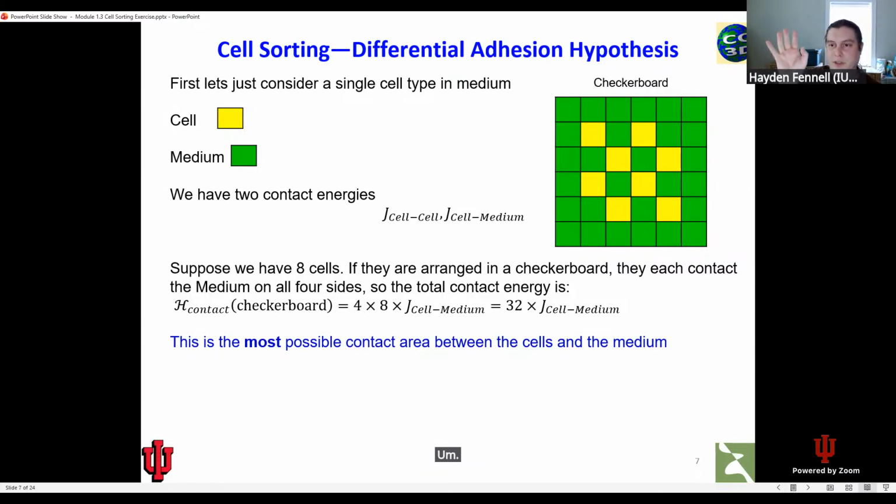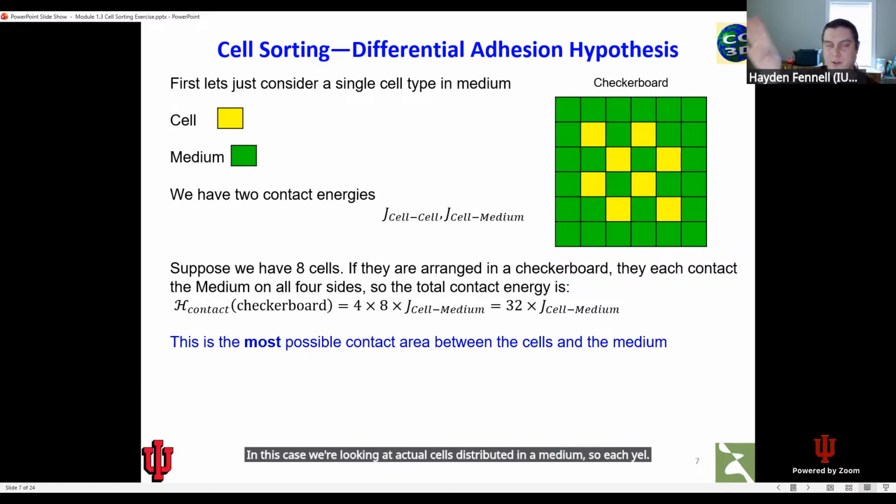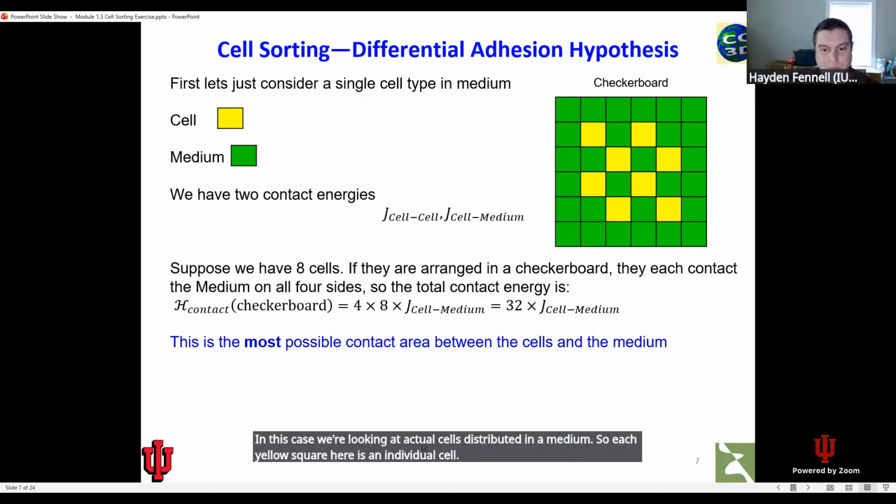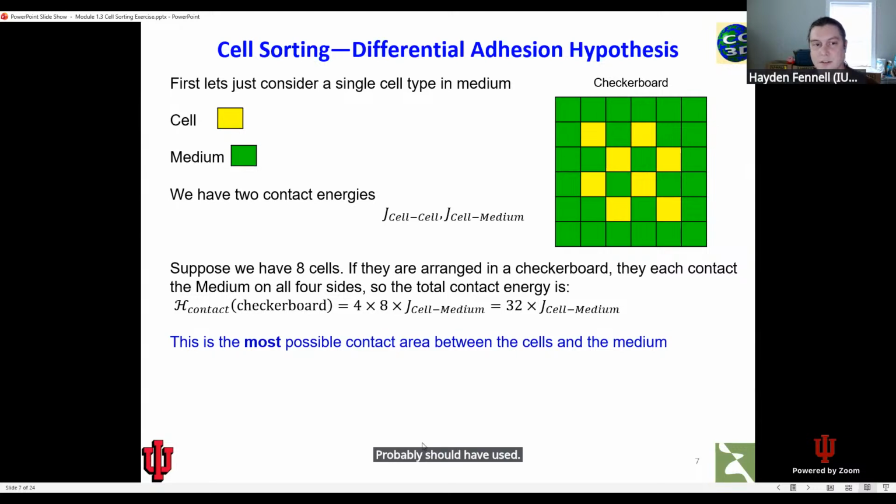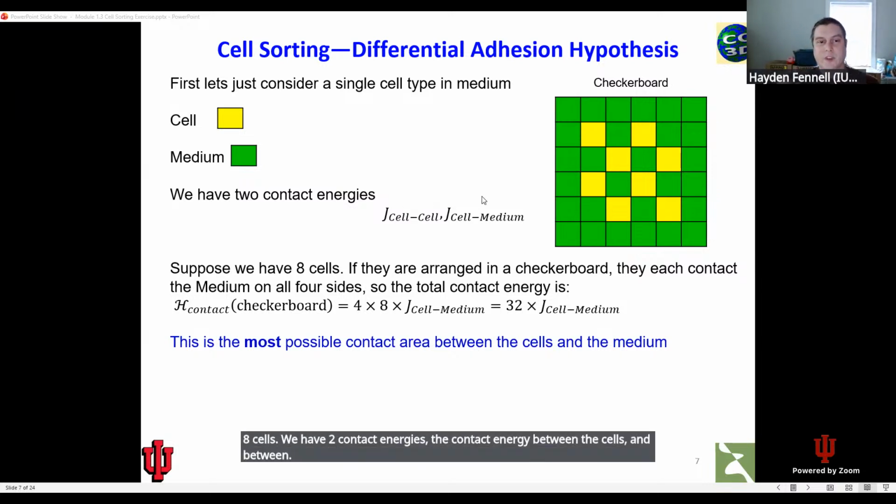In this case, we're looking at actual cells distributed in a medium. Each yellow square here is an individual cell. Probably should have used a different color to avoid those schemas, but suppose we have 8 cells. We have two contact energies: the contact energy between the cells, and between the cell and medium.